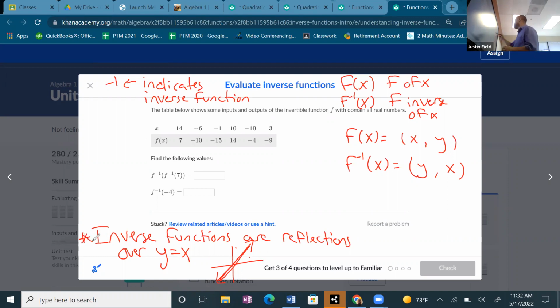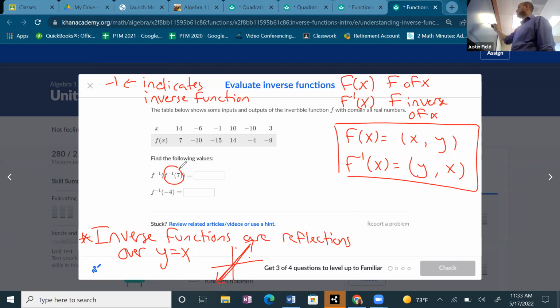What we are really going to use right here is this handy dandy trick about inverses. So y equals x, x equals y. So what is the f inverse of 7? This is our x value. So let's make the f inverse table, and then this will make this really easy.